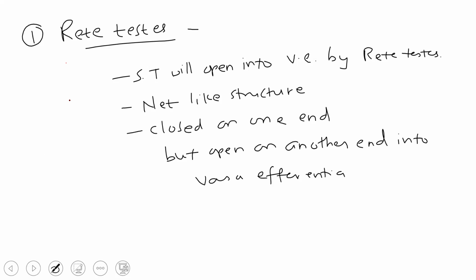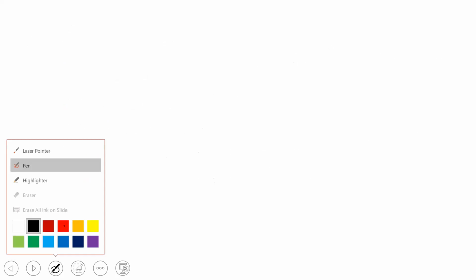So in short, rete testis is this sort of net-like structure to go into the vasa efferentia. Okay, got it? Rete testis will go into where? It will go into vasa efferentia.